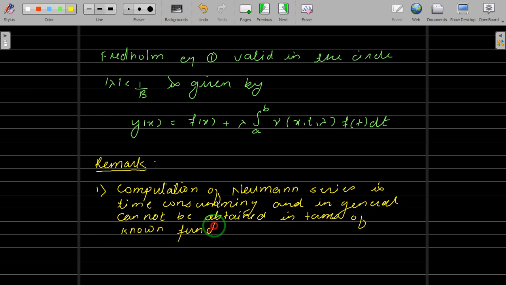Sometimes you can get the known function, like you will get the series of e raised to x, or the series of sin x. So if you know the standard form of this series, you can directly write the kernel. But sometimes you will get a series wherein you don't know the standard form of that series. So that is one of the drawbacks.